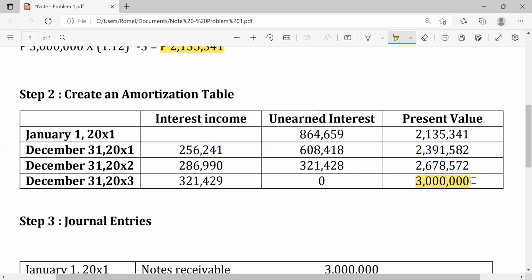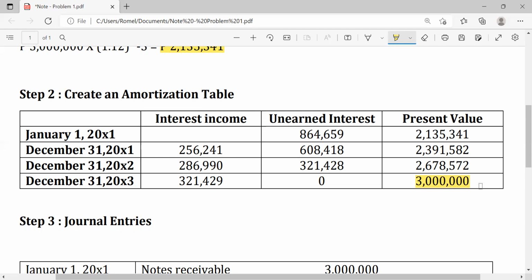So this is also a way for you to determine if your amortization table is correct. Tatandaan nyo lang na the present value will be equal to the face amount of the note, which is 3 million pesos.